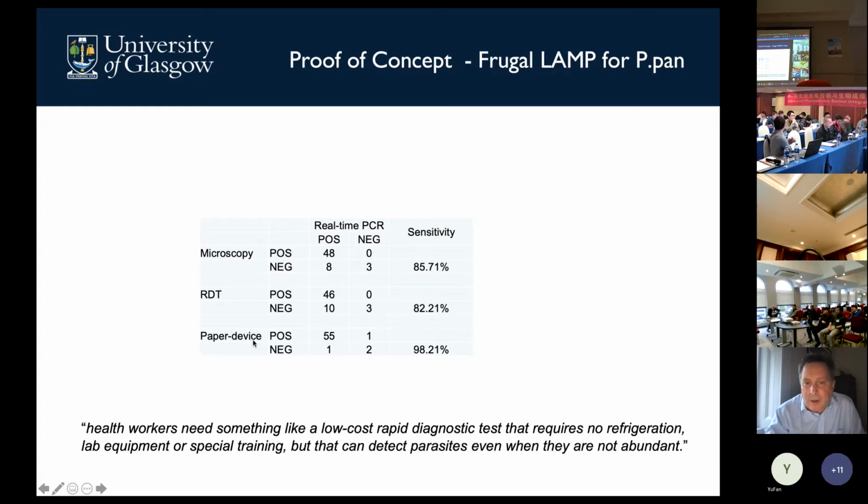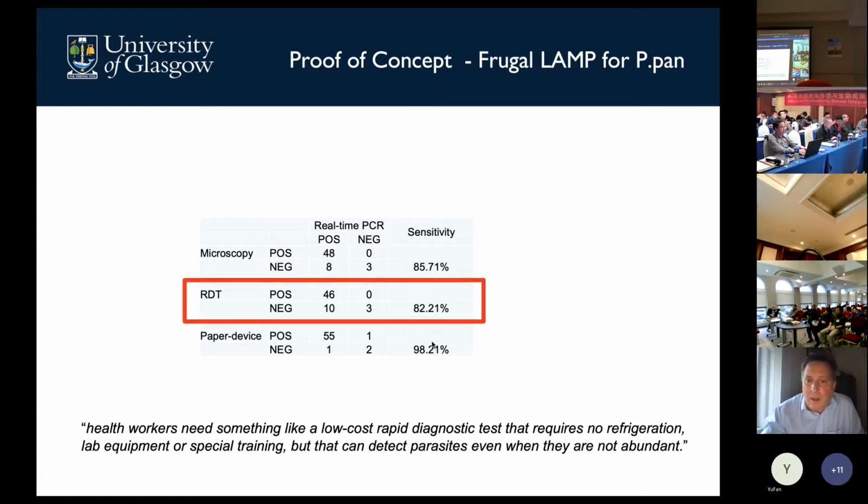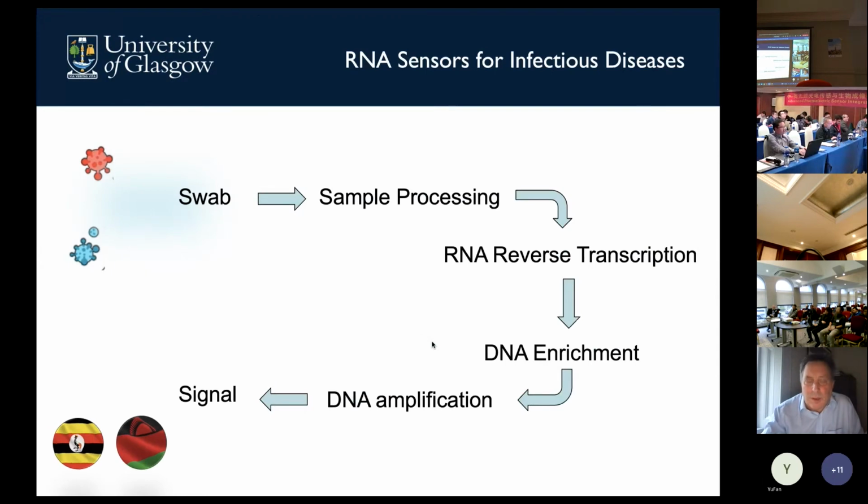And then here you have our decision support enabled paper DNA device, where we're almost exactly an order of magnitude better than the immunodiagnostic test. So we're missing 1.8 in 100 as opposed to 18 in 100 positive tests. So I think that's a considerable success in that respect.